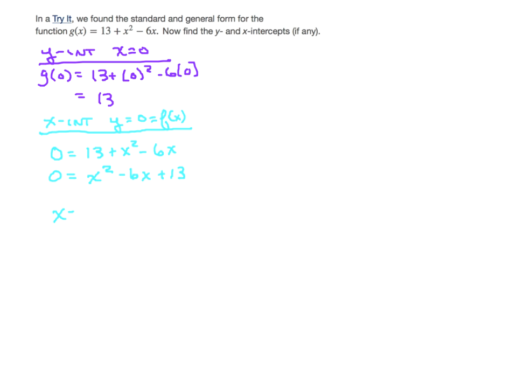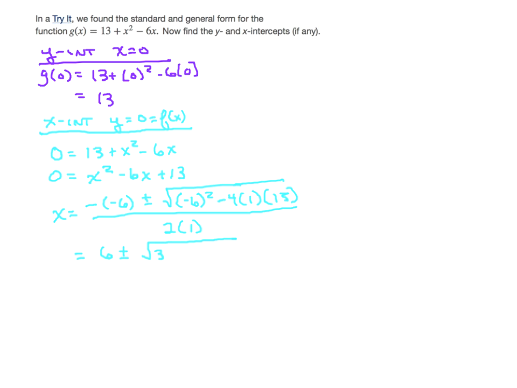So I'm going to use the quadratic formula to solve. x equals the opposite of b plus or minus the square root of b squared minus 4ac, all over 2a. So 6 plus or minus the square root of 36 minus, let's see, 13 times 4.